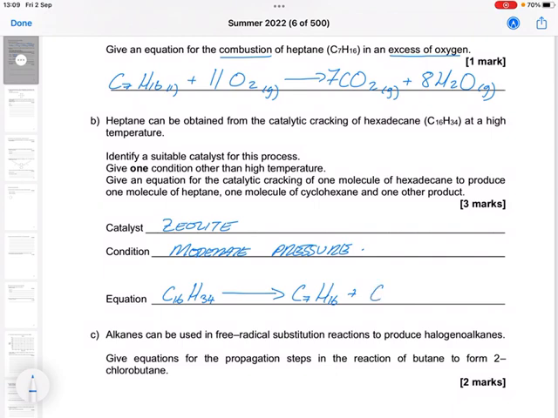So that's going to be C6H12. And then one other product is going to be the difference between this side and what we've got so far all together here. So 16 carbons, take away 7 carbons, take away 6 carbons, leaves you with 3 carbons. 34 hydrogens, take away 16 hydrogens, take away 12 hydrogens, leaves you with 6 hydrogens.